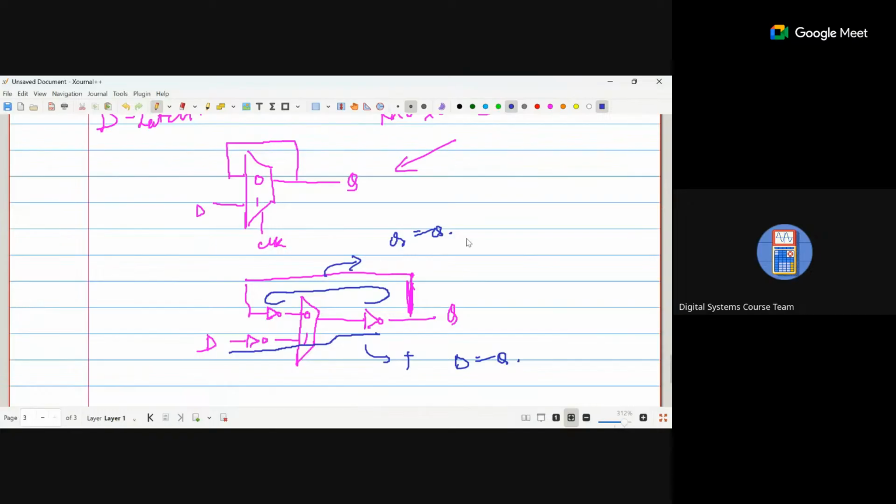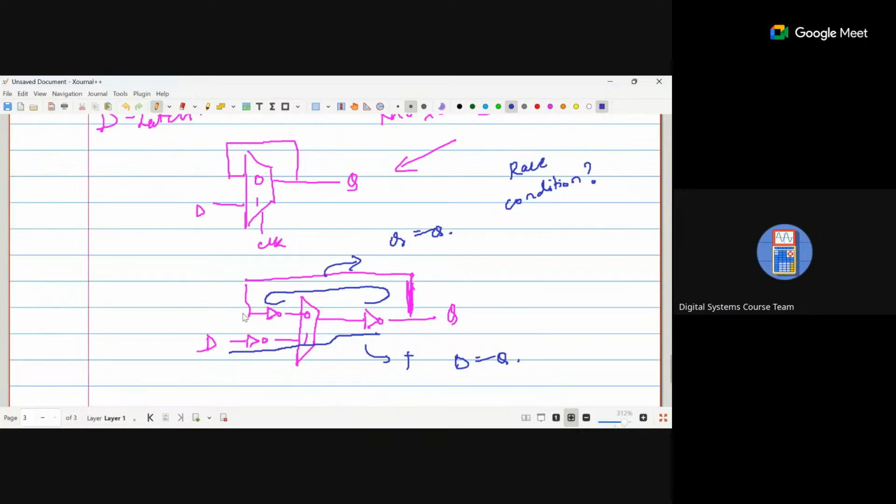And if you remember, we also have something called race condition. So what is race condition? Do any of you remember race condition? If you see, one value is getting overwritten by the other one.